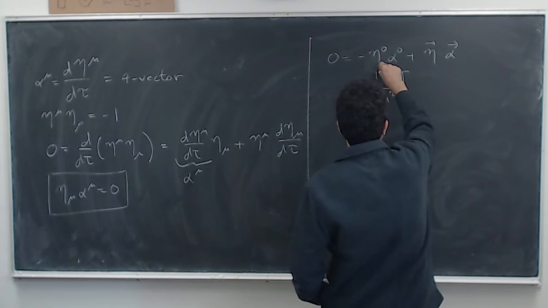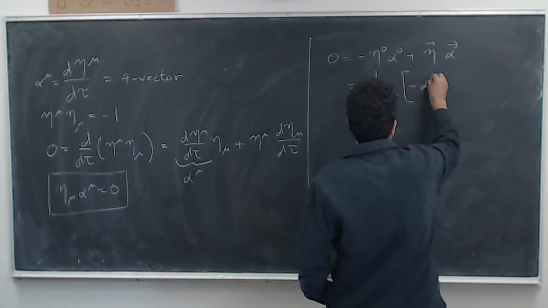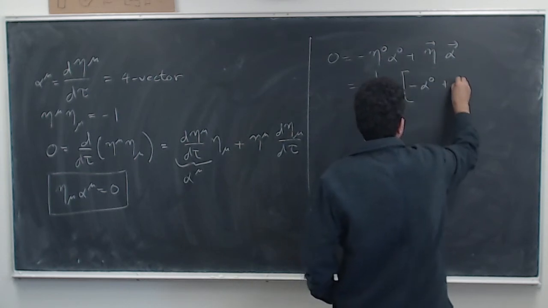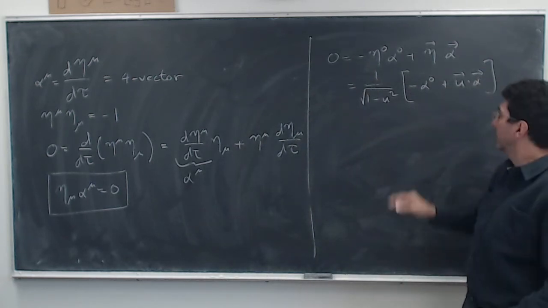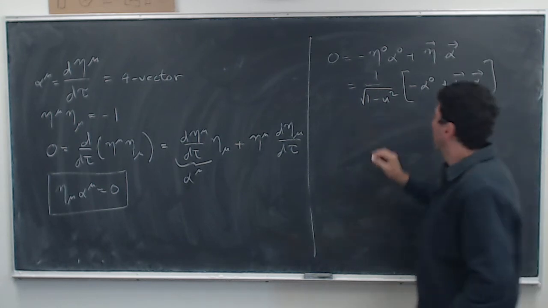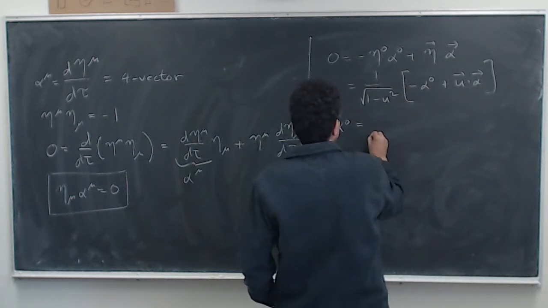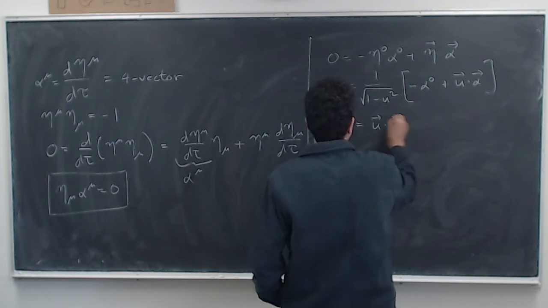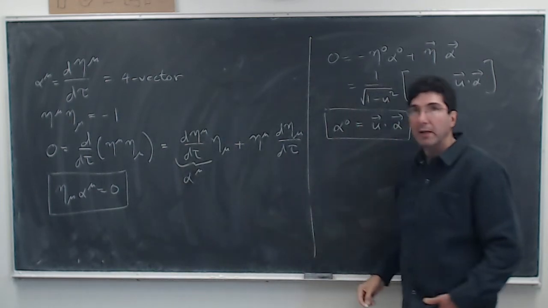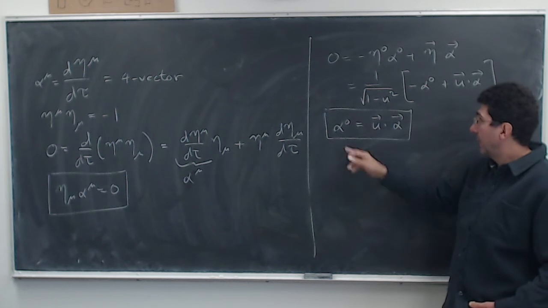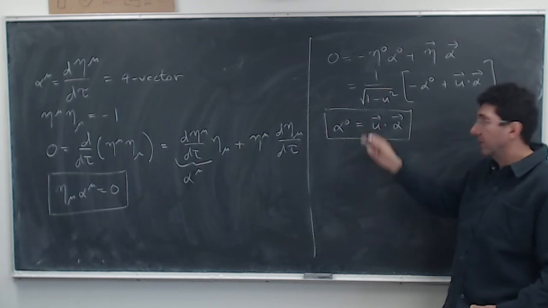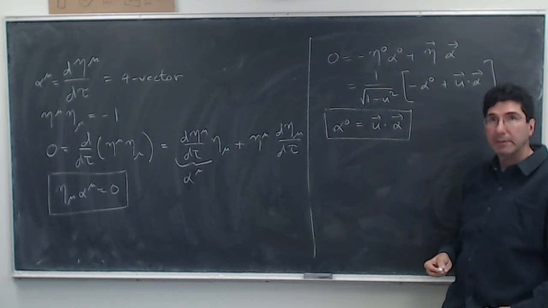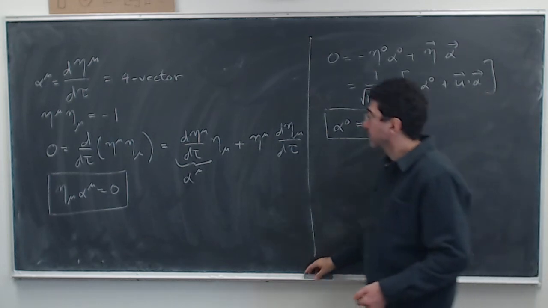And then what we have left over here is just 1, so we have minus alpha 0. And here we have a u. Okay? And since this is 0 and this prefactor is never 0, we see that alpha 0 is just equal to u dot alpha vector. Okay? So we see very explicitly that the time component of alpha is determined completely by the spatial components and the 3 velocity. Okay? All right.